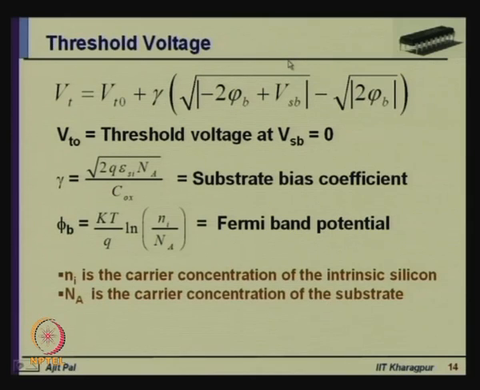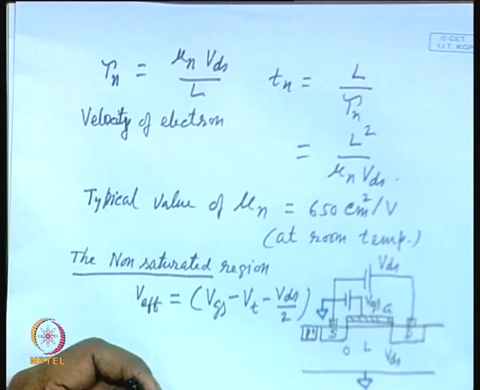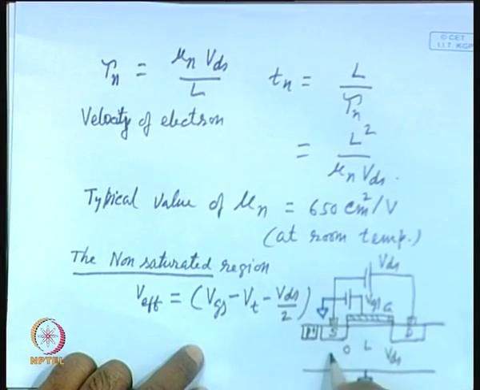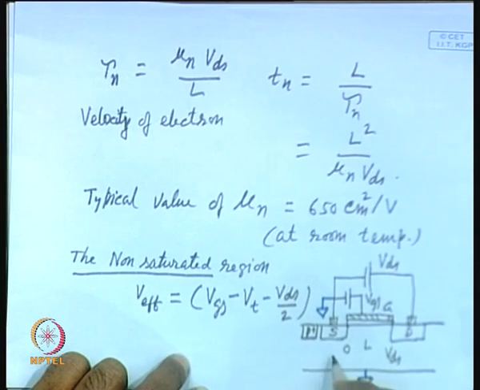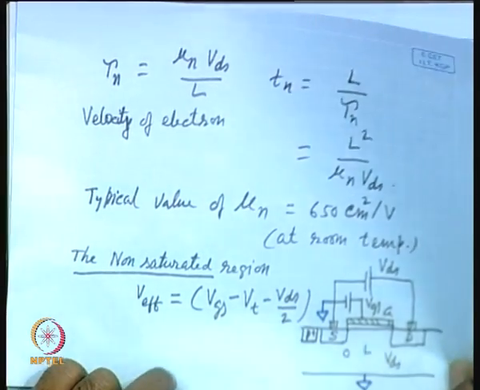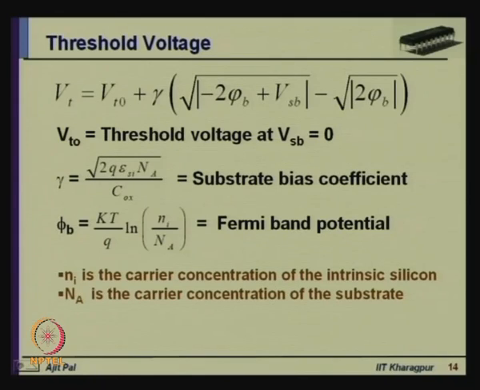That means you can apply a voltage between the source and the body. You can apply a positive voltage to the body with respect to the source, and that will actually increase the threshold voltage, as we shall see.